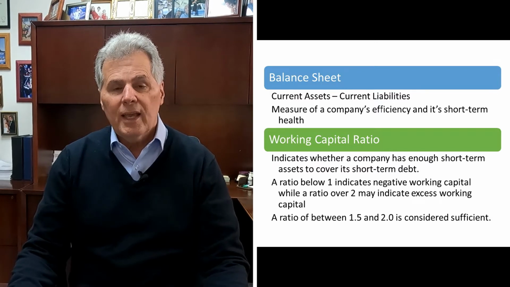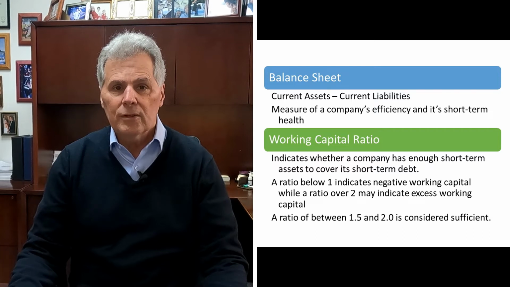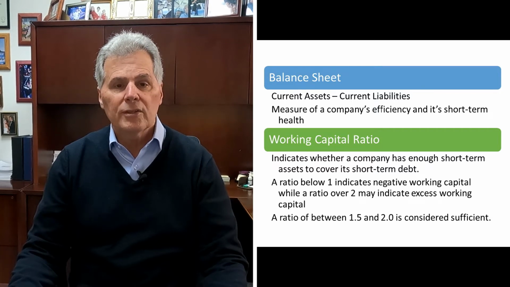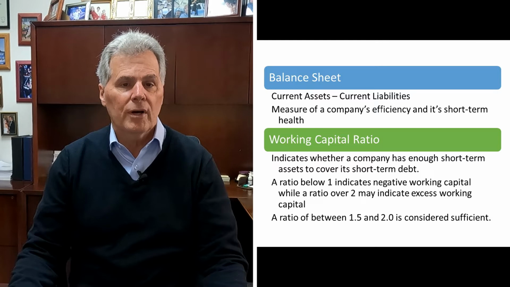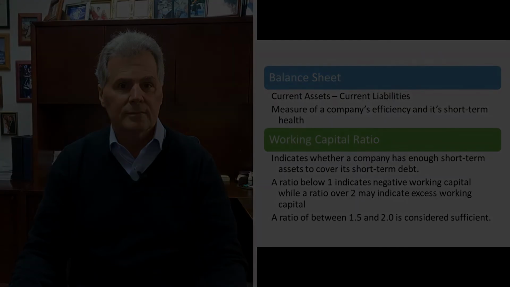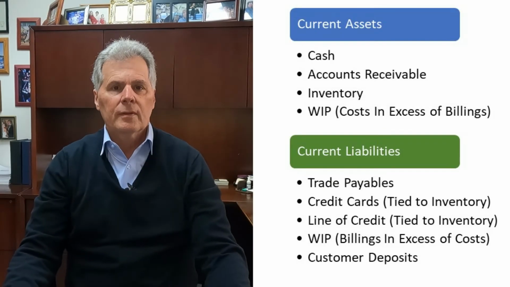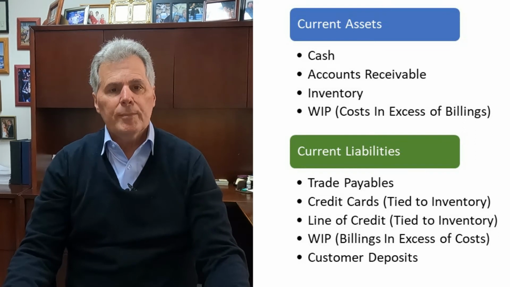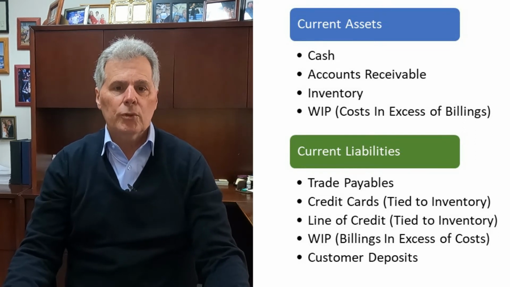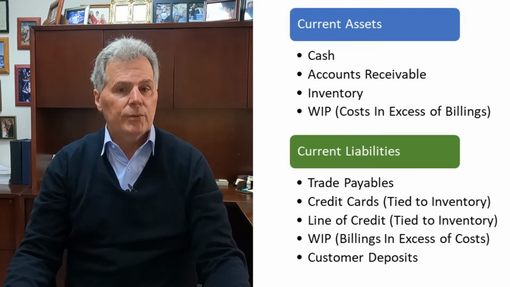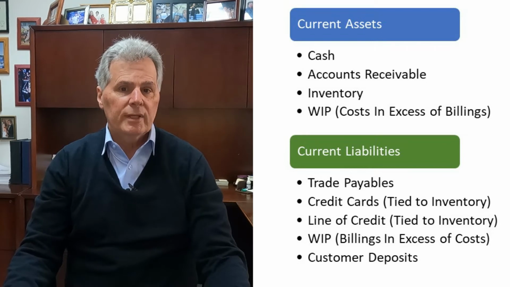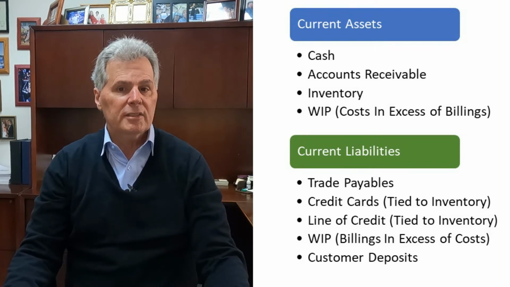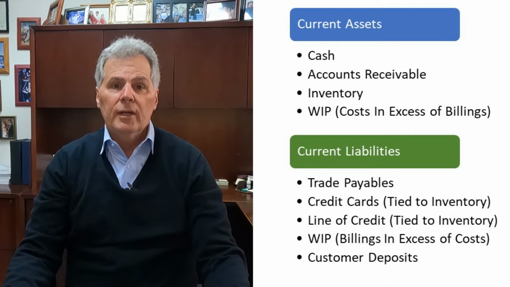Let's take a look at the definition in a little further detail with regards to how you'd calculate working capital on a balance sheet. So taking a look at a company's balance sheet, you would take the total of the company's cash on hand, its accounts receivable, inventory, and if it has a WIP, the cost in excess of billings.